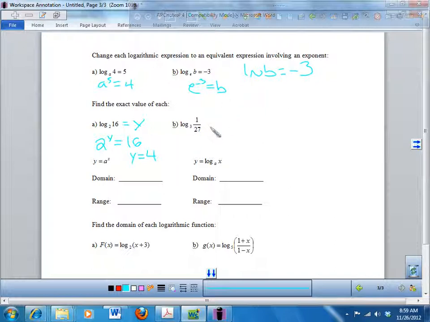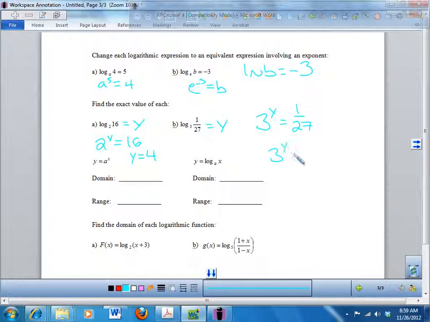Okay. So again here, so this is like a y here. 3 to the y equals 1 over 27. One way you might do this is that you could rewrite 27 as a power of 3. 3 to the what?